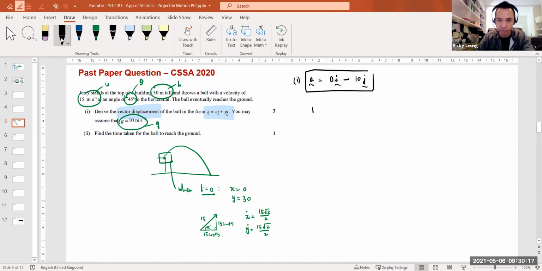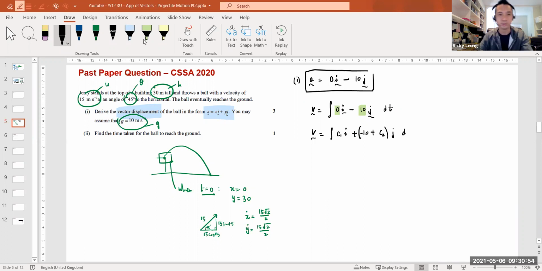So for the velocity vector, I'm going to integrate 0i minus 10j with respect to time.